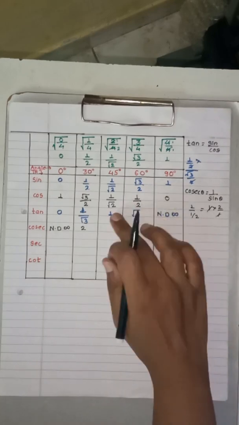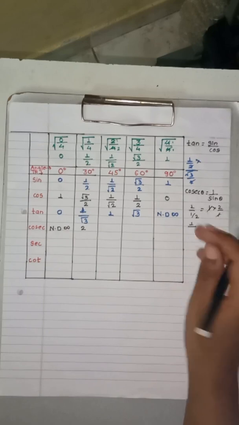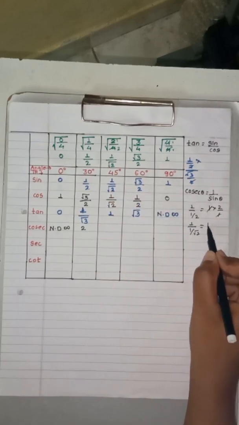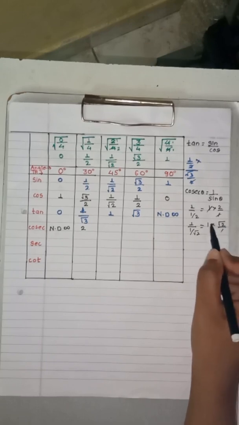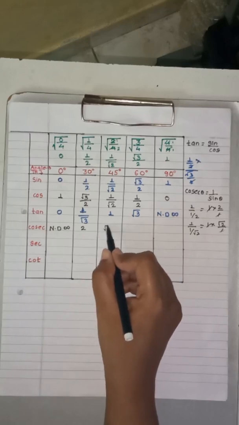Similarly cosec 45 will be 1 upon sine 45, which is 1 upon root 2, that will be equal to 1 into root 2 upon 1, 1 1 will get cancelled and here you will have root 2.